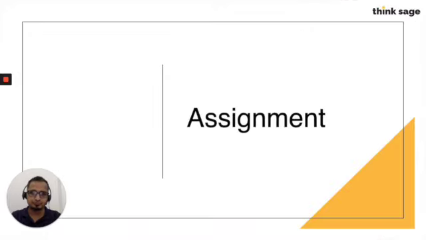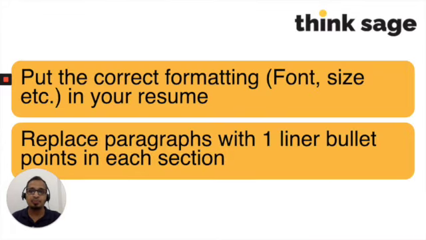All right. Now, here is the assignment for your second video of the resume series. What you need to do is a little bit of reflection upon yourself, as in what exactly have you done in your life, what exactly have you worked upon, what exactly were those academic achievements, what exactly were those co-curricular achievements, what exactly did you do in your work experience, all of those things, and put that information in one-liner bullet points in a correct format.